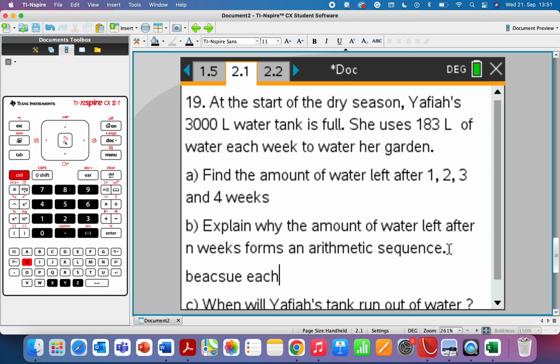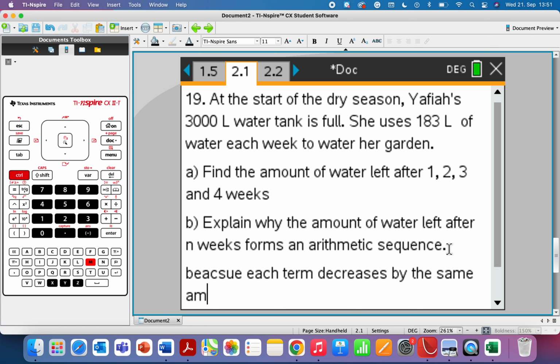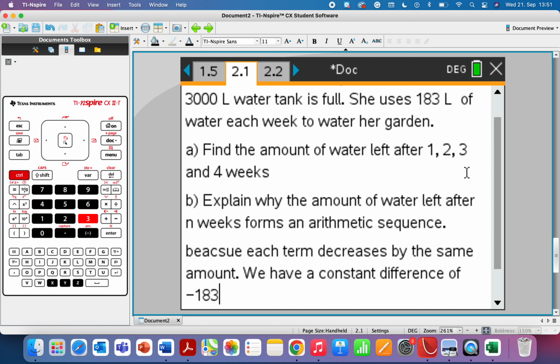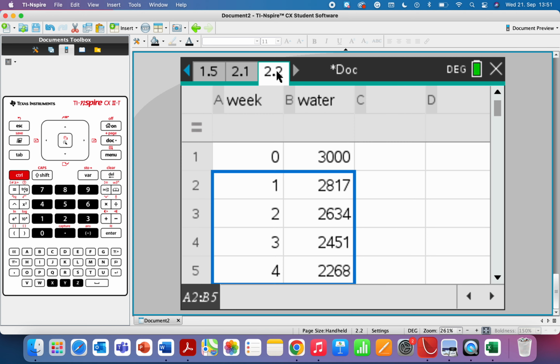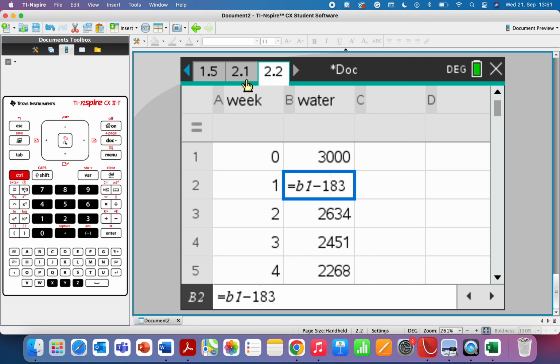Because each term decreases by the same amount. Okay, and we have a constant difference of -183. So D here is -183, which is exactly the number we used in the formula.